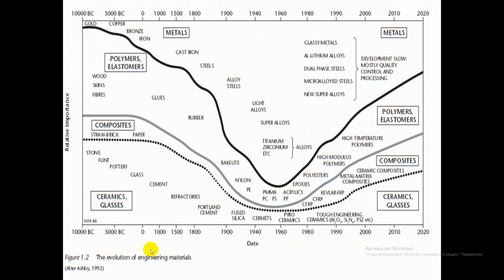The balance between types of materials has changed dramatically over time. So here you can see a balance of the materials through to our time. In early historical times, ceramics and glasses were important together with the use of natural polymers and elastomers, and early composites such as straw-reinforced bricks and paper.